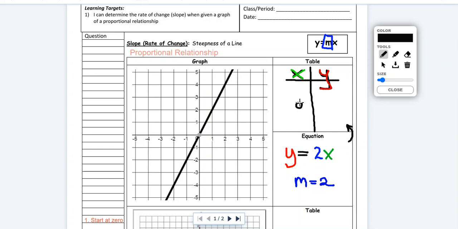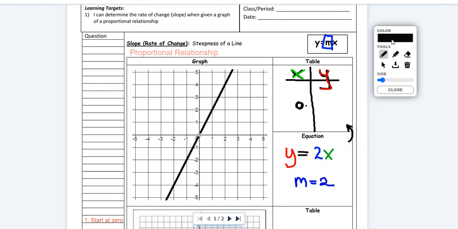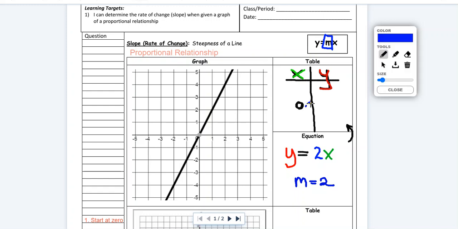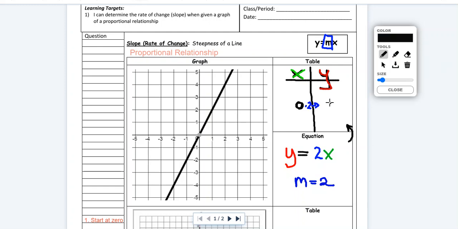Whatever we put in for x, I multiply that by 2, or by our slope, in order to get y. So 0 times 2, our slope, is going to give me my y value. In this case, 0 times 2 is 0. So when x is 0, y is 0. And now I can graph that point on my graph.